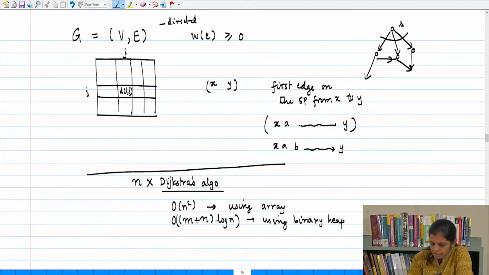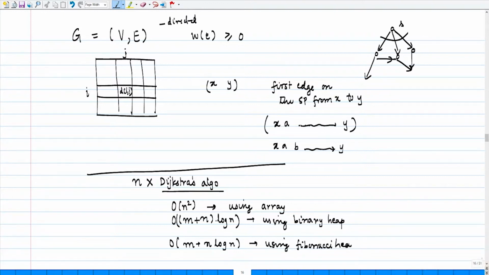And if you use a little more sophisticated data structure, then you can get m plus n log n, using what are called Fibonacci heaps, but this should not bother you. So we get a running time which is n executions of Dijkstra's algorithm.